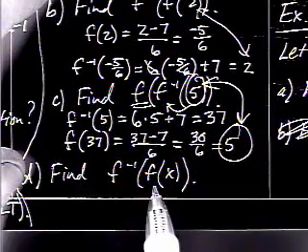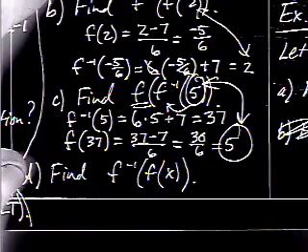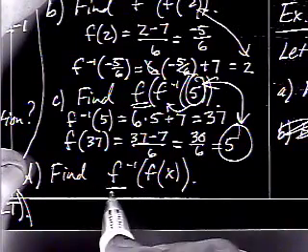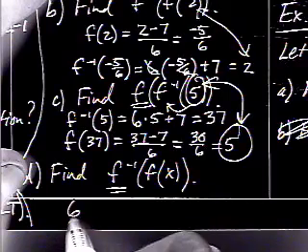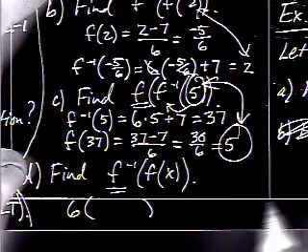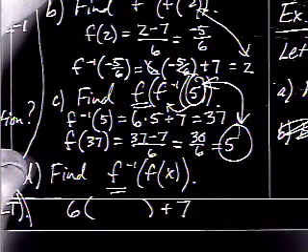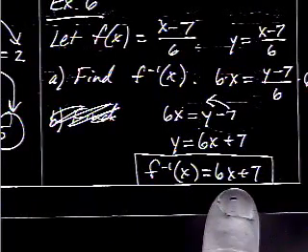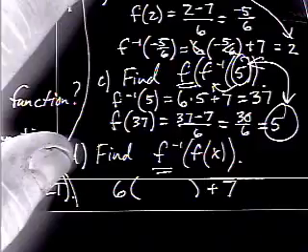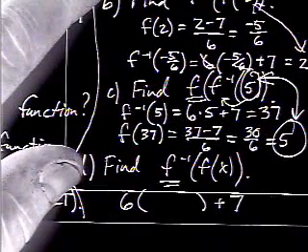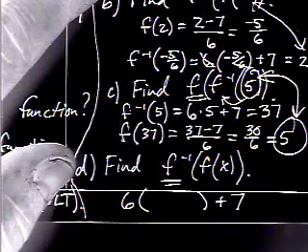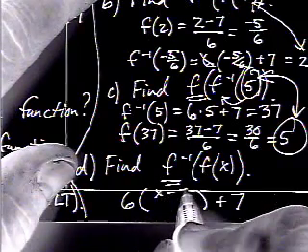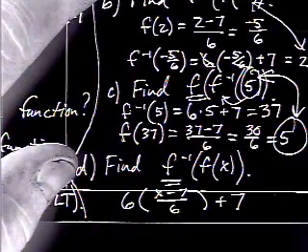So what do you think I'm going to get when I take f inverse of f of x? So in other words, the f inverse function tells me to multiply by 6 whatever I put into it and add 7. That's what it said right here. We found that out, right? 6 times whatever you put in plus 7. So what are we putting in? We're putting in f of x, the original function, x minus 7 over 6.